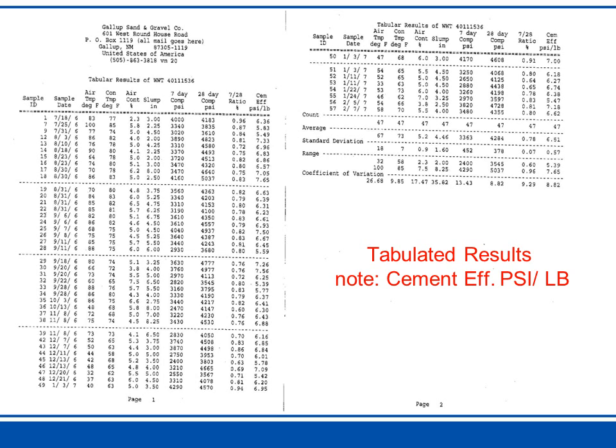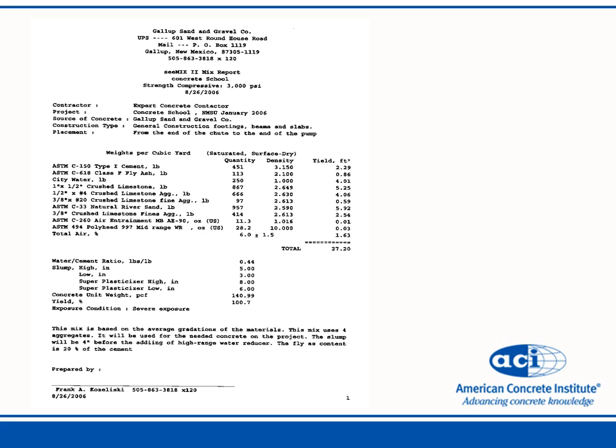Then with my computerized mix design we were able to put in basically the same information that I had on my manual sheet, but this was a computer generated sheet where I had the cement, the fly ash, the specific gravities were on the right.